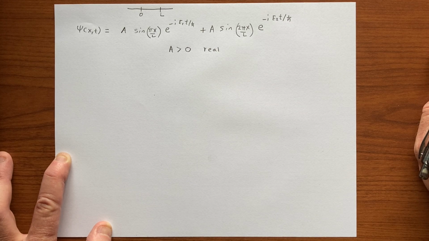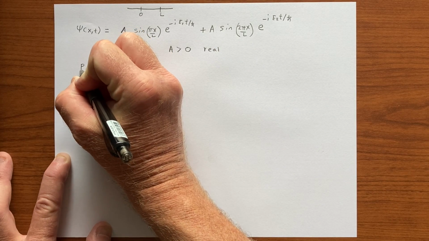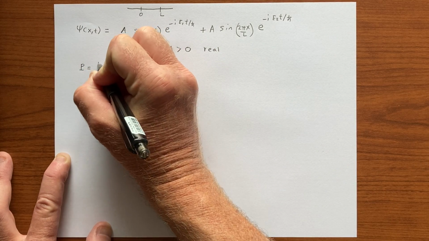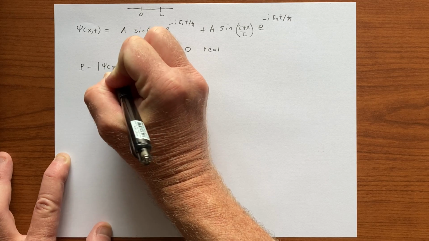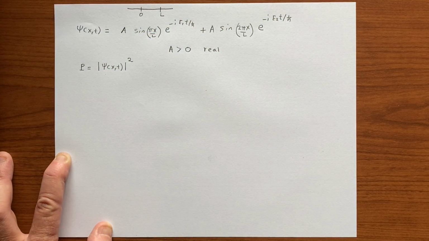Let's look at the probability density. In other words, probability density P, which is psi of x and t modulus squared. Right, we integrate that object over some range in distance to find the probability of measuring the particle to be in that range.